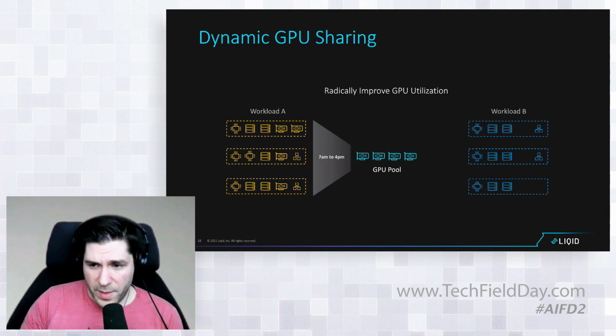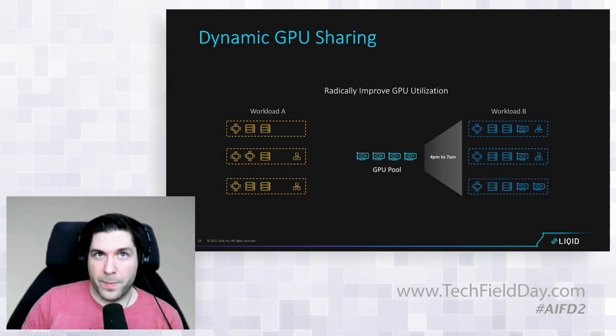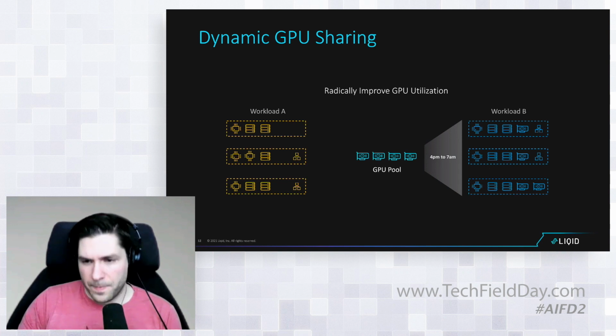Then everybody goes home in the evening, and you can schedule those resources to be rededicated back to your training cluster or whatever kind of batch processing system you have. So you can support multiple workloads on the same system.